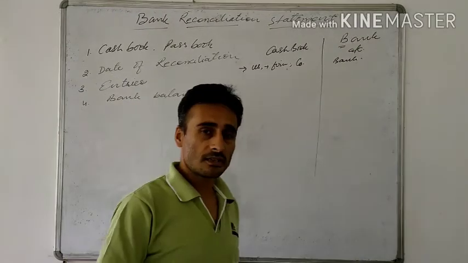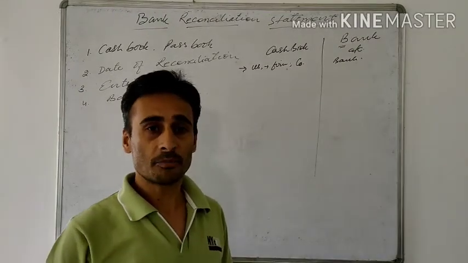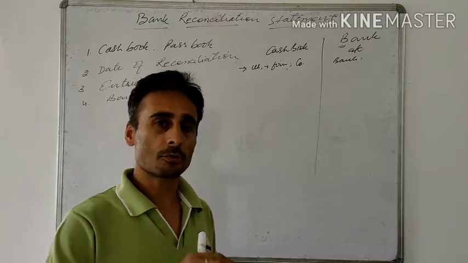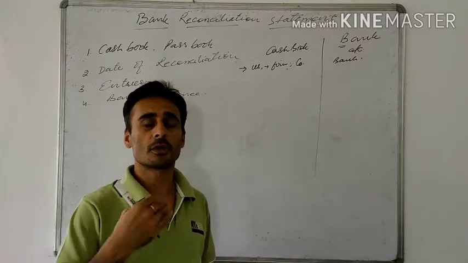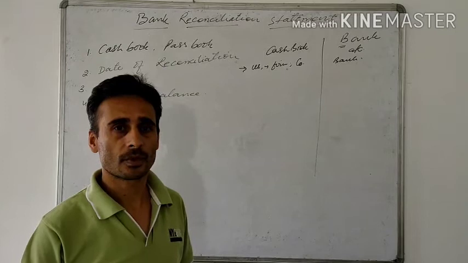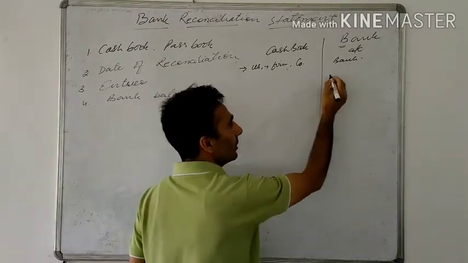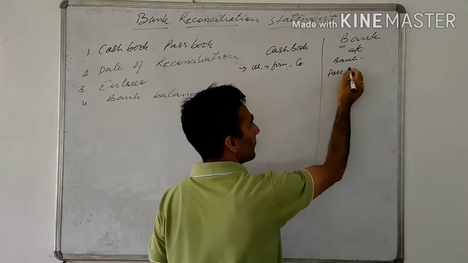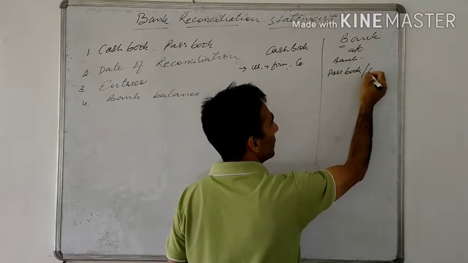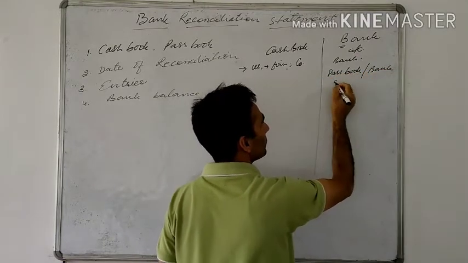Now the details of the transaction that is taking place with the bank will also be provided to the customer or to us by the bank. And this detailed statement which is given to us by the bank is called passbook or the bank statement.